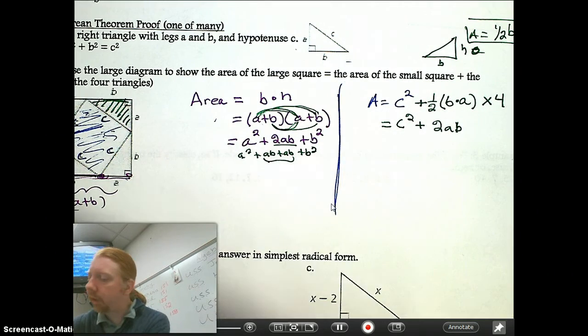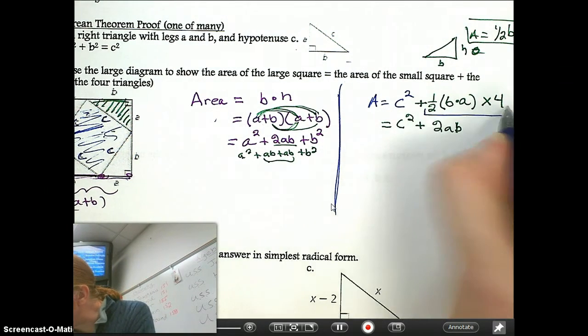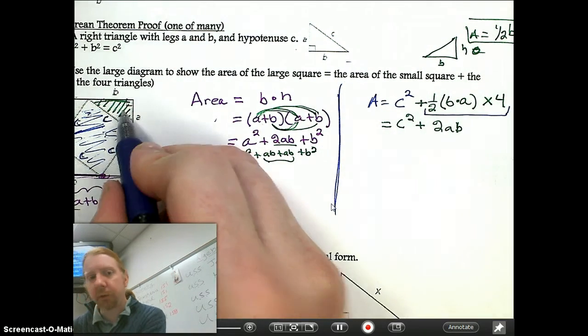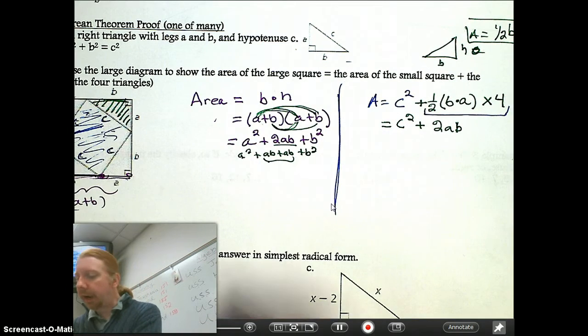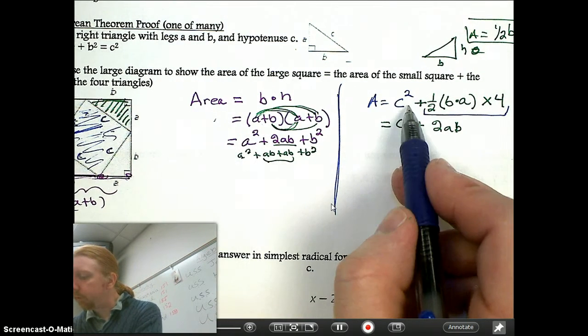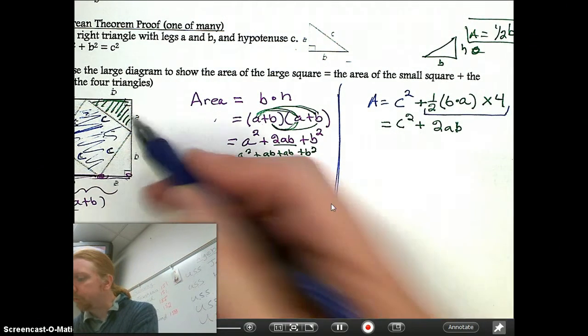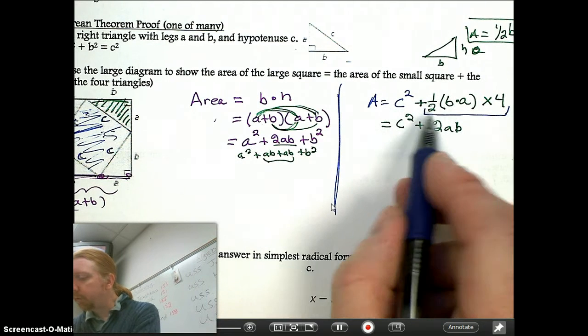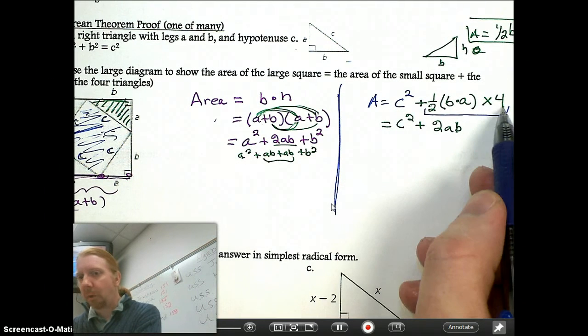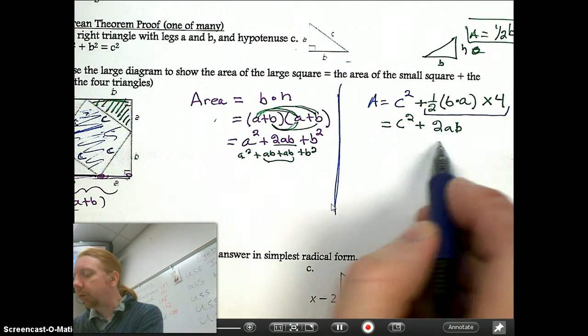All I did there was clean that up. I've got 4 of these green triangles and 1 big square in the middle. So the area of the whole box is going to be c squared plus 4 of those triangles, which cleans up to this.